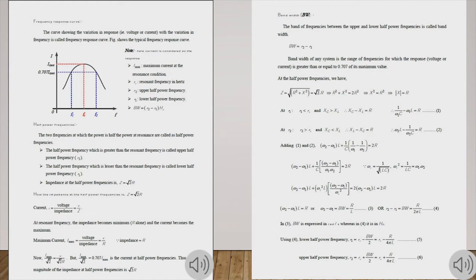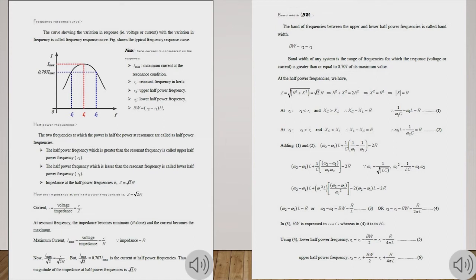At the half power frequencies, we have Z equal to root of R square plus X square, which is equal to root 2 into R. That is, R square plus X square equals 2R square.